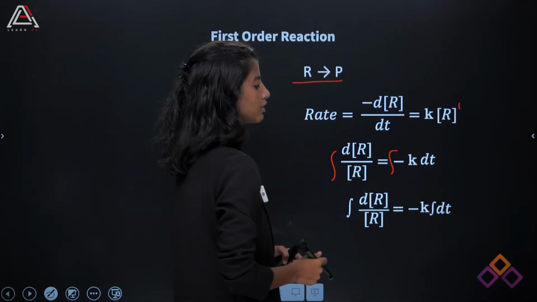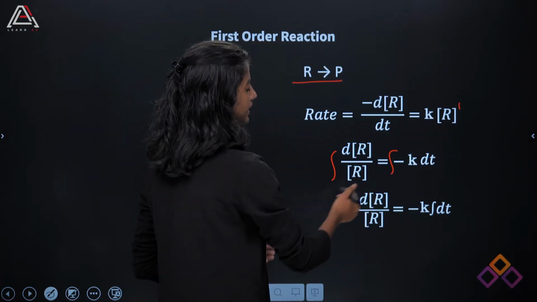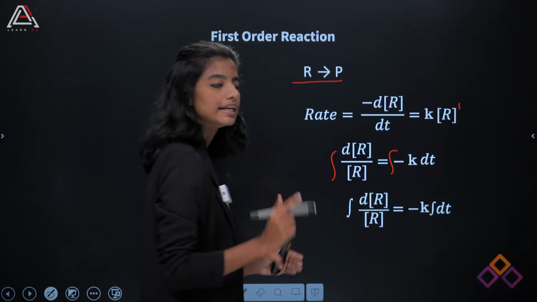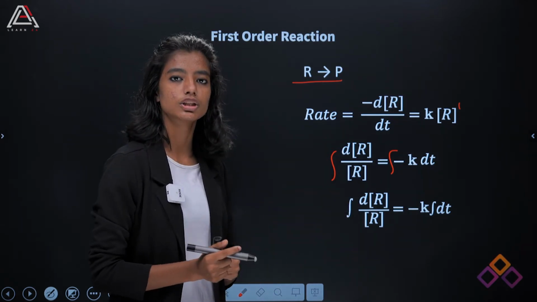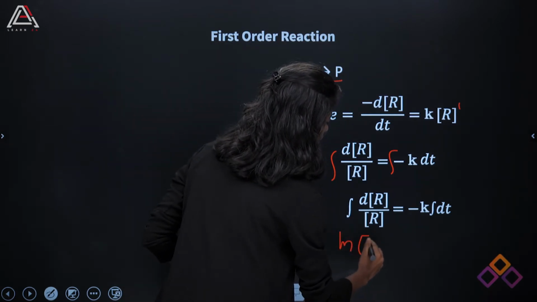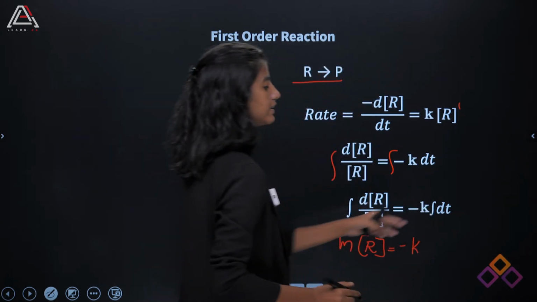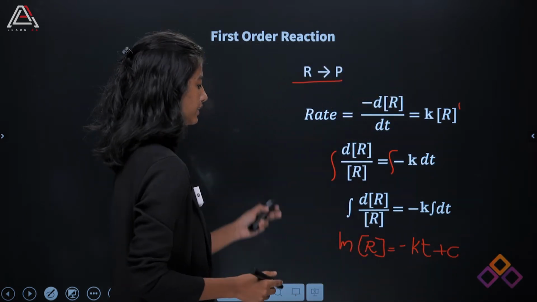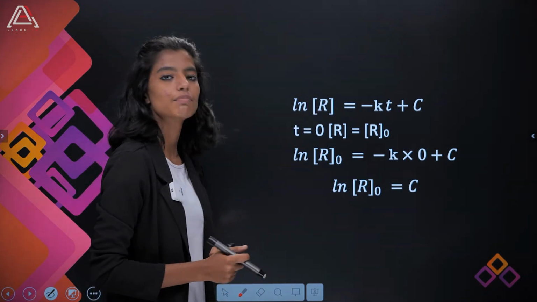Since this minus K is a constant value, we have to only integrate the dt, and the equation becomes integral d concentration of R divided by concentration of R is equal to minus K integral dt, and integration of d concentration of R divided by concentration of R is equal to ln concentration of R, and that will be equal to minus K. Integral dt is t, plus C, that is the integral constant, and the equation becomes ln concentration of R is equal to minus Kt plus C.